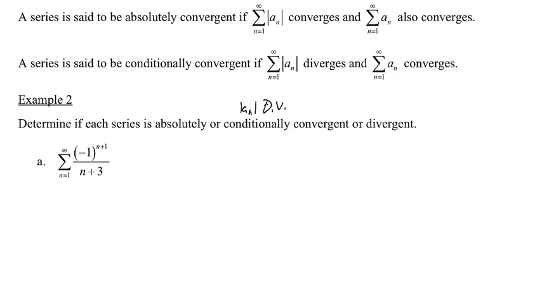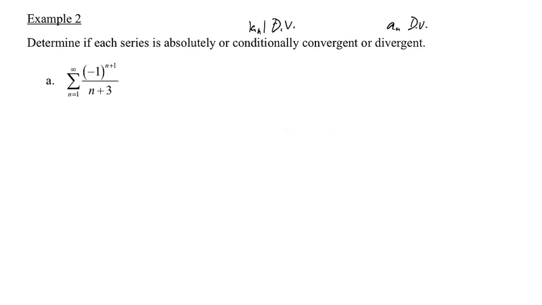And if it's divergent, then I would just check the a sub n, because that converges in both of them. So if I show it diverges in the a sub n, then it diverges altogether. So looking at this first one, just off the bat, I'm thinking it is going to diverge, or sorry, it's going to converge conditionally, because I do have an alternating part.